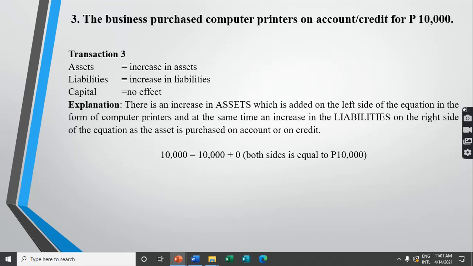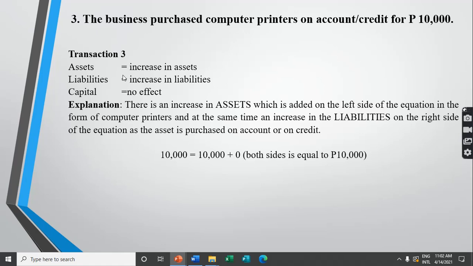Now, dito sa number 3, the business purchase computer printers on account or credit for 10,000. So, ito na. Si business daw nag-purchase ng computer printers pero inutang niya for 10,000. Okay, naintindihan? Dito sa transaction number 3, nag-purchase ng computer printers yung business pero inutang niya for 10,000.